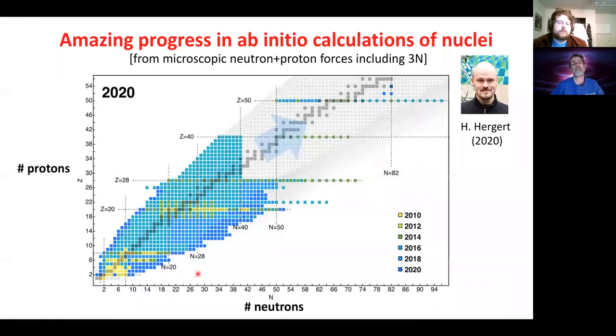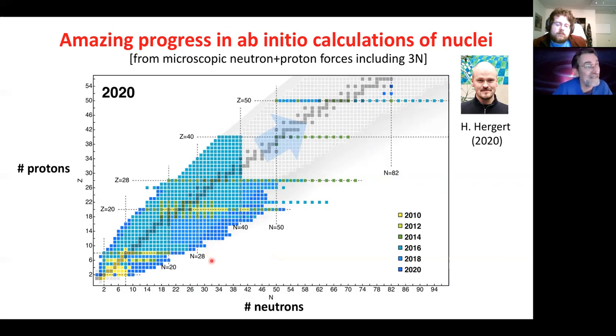This is another picture of what progress has been made. This is by Heiko Hergert in a recent review. He was a postdoc here as well. He's faculty at Michigan State now. If you put the number of protons and number of neutrons, you could put a little square for every possible nucleus you could have. So this is actually just a fraction of them. We think there's something like 7,000 that we could discover, and less than half of those, 3,000, have been measured.